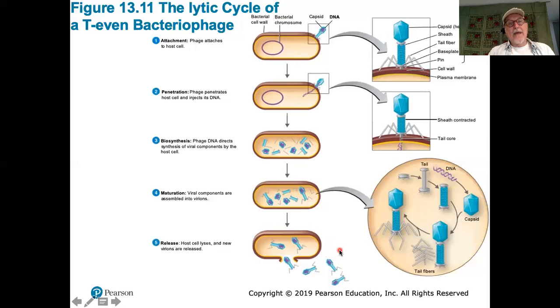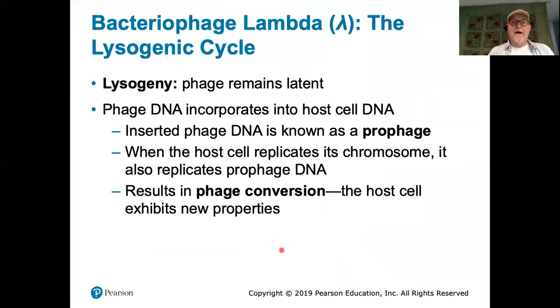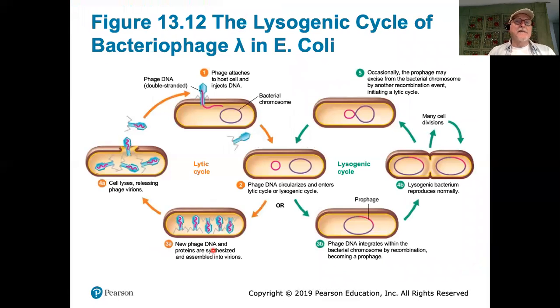Now, that is not necessarily for all viruses the way in which they proceed. There are many other viruses in which the virus actually adopts a different strategy, and for a time at least, integrates its genome with the host genome. And this is referred to as a lysogenic cycle.